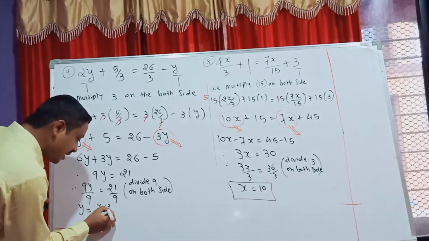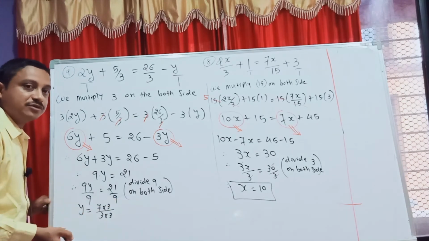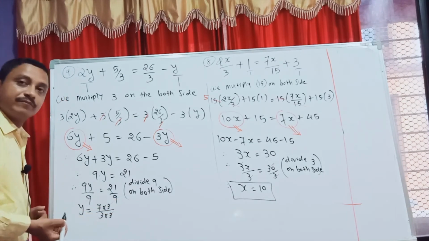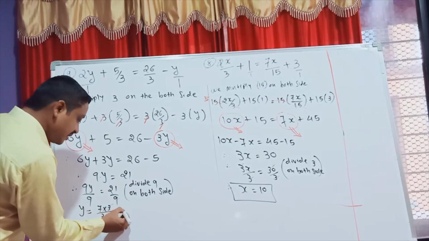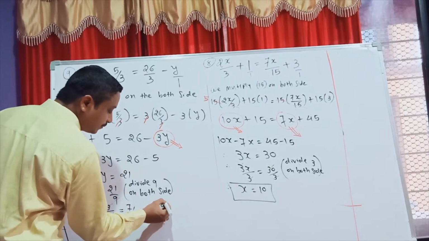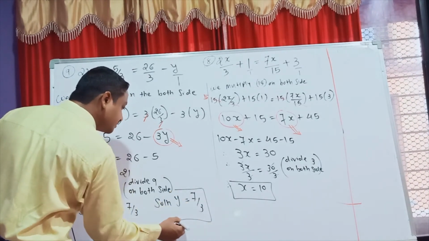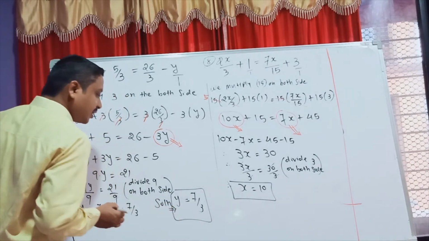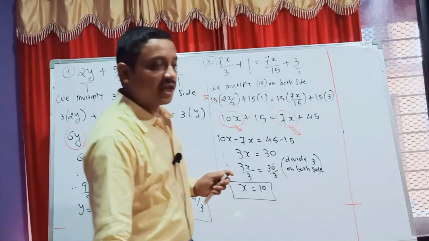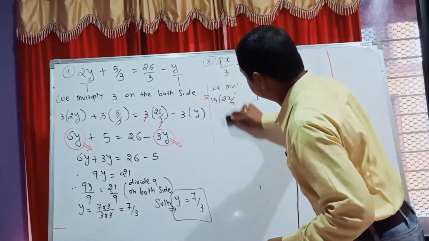Yes, 7 3s are and 3 3s are. So these are the total values, cut out to 3 3s. What is the answer? Yes, it is 7 by 3. So finally your solution y is equal to 7 by 3 is your last answer, students. And easily and happily our 9th example is also done.